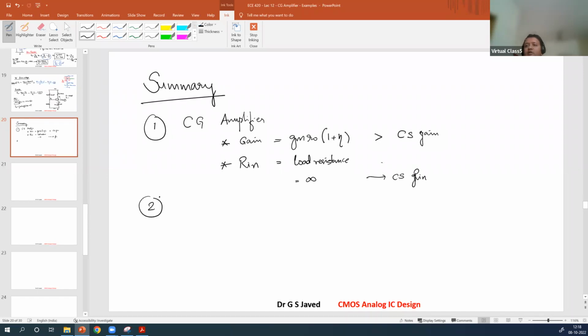Next, we learned about DC biasing of MOS device. Finally, we learned what is a current mirror, what are the values of current mirror, and how a current mirror can be used as a current source.